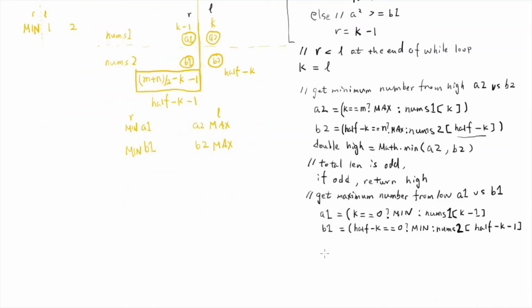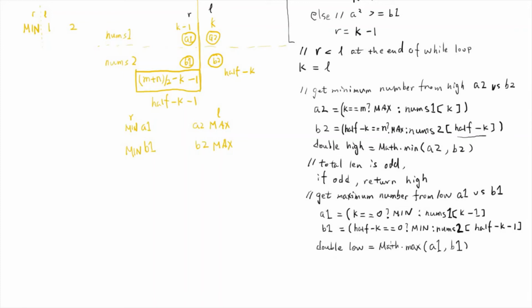We are going to take the maximum number between A1 and the B1. So we're going to have a low equal to math.max of A1 and the B1.